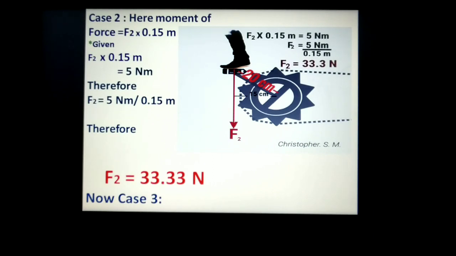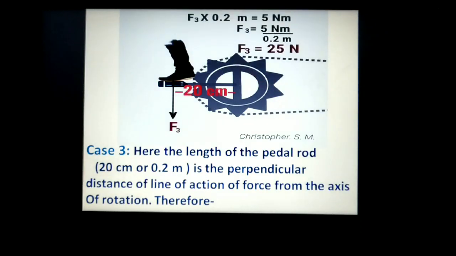Using in our calculation, F2 is equal to 5 Newton meter divided by 0.15 meter, and that gives us F2 is equal to 33.33 Newton. Now we come to case 3. In case 3, we see that the pedal rod is itself the distance between the force applied and the axis of rotation, that is 20 centimeter or 0.2 meter.